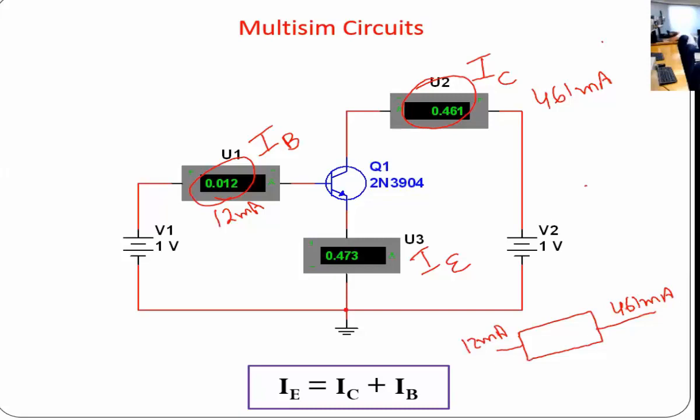if you take the ratio of these two, how much does that come out to? 461 milli divided by 12 milli is 38.41.